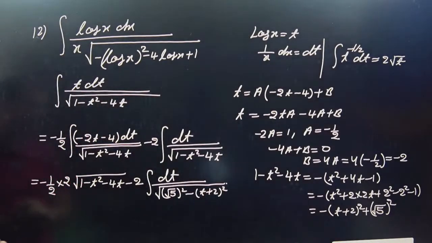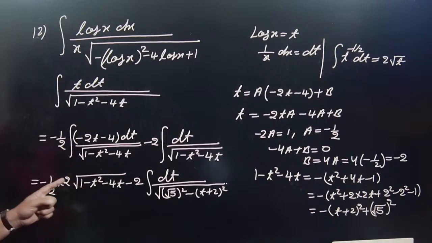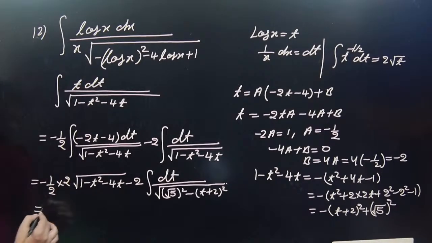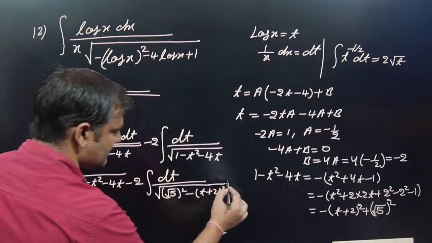Okay. So you can say that, what about that value? 2 to cancel. So minus under root 1 minus t square minus 4t. Now and plus a constant c1.